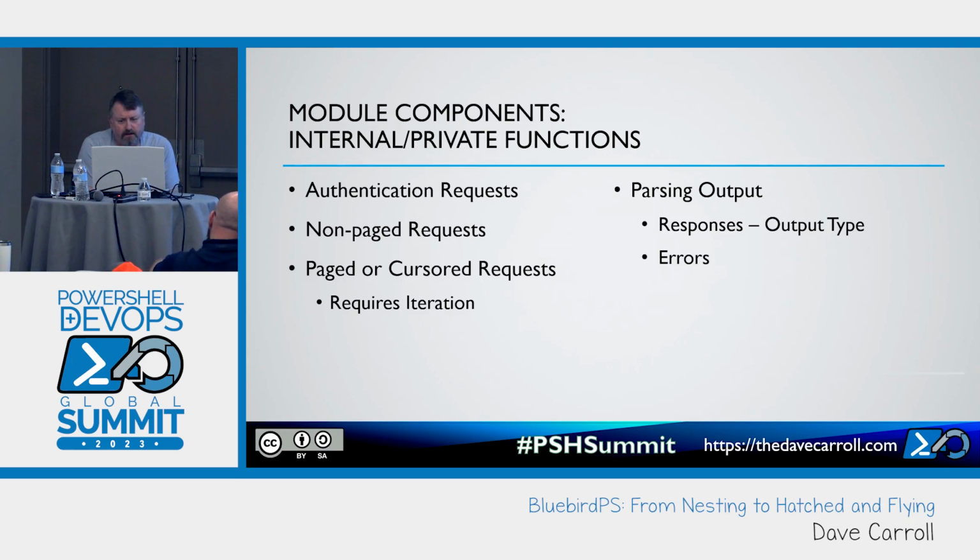For BluebirdPS, there's Invoke-TwitterRequest, and then for the output, I have Write-TwitterResponse. As soon as the response comes back from the API, it gets piped into Write-TwitterResponse. It does things, and then if necessary, it'll throw a new Twitter error record.